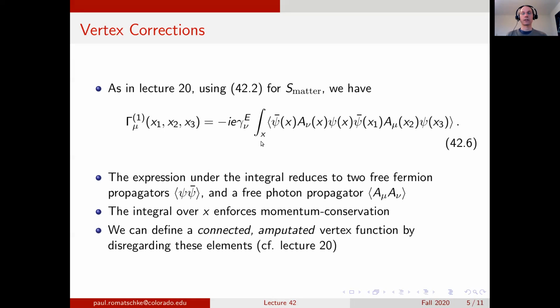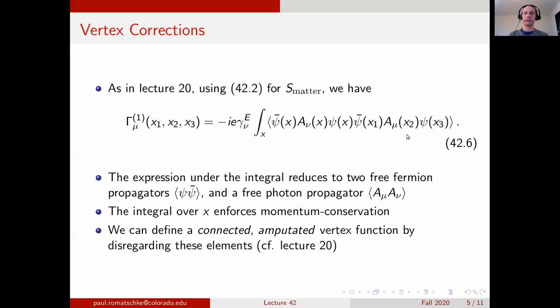And since all of this structure will basically be the same for any order in perturbation theory, we can define an amputated vertex function that just doesn't write these parts, namely the two electron propagators that connect, the photon propagator that connects, and the total momentum conservation.